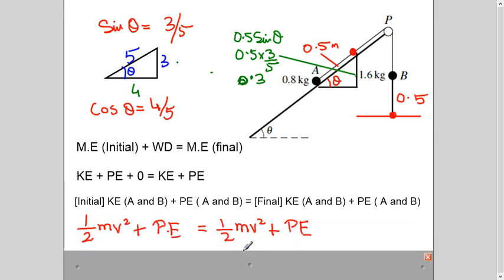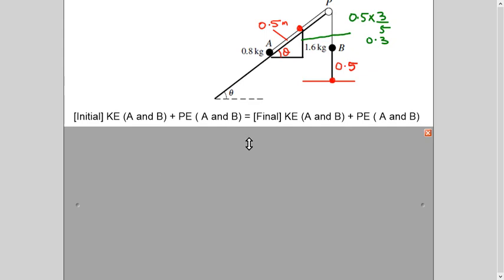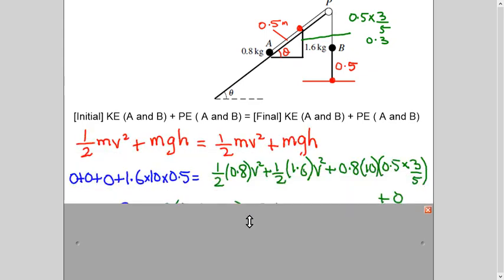So I'm substituting this formula. This formula will be for particle A and B. Similarly, this is for particles A and B. I will show you the values. And same here. So now let's substitute the values here. This first part, why did I write 0 here?